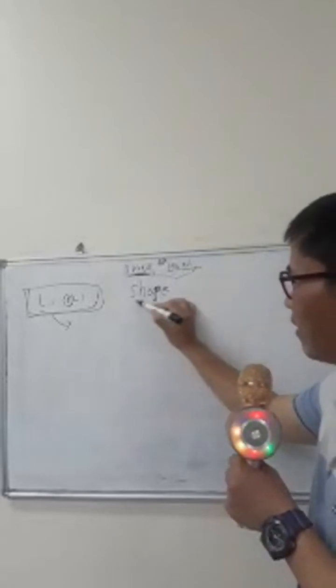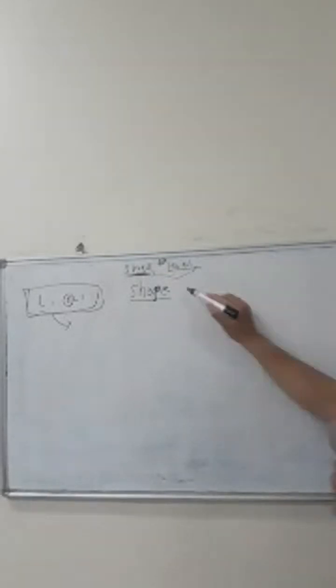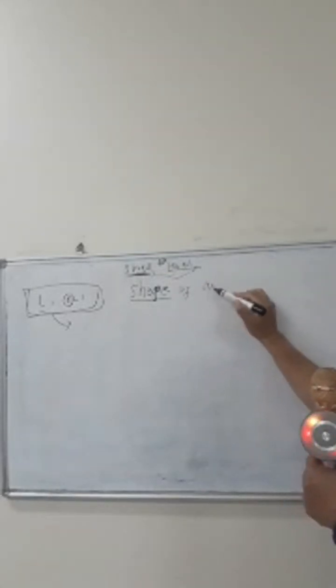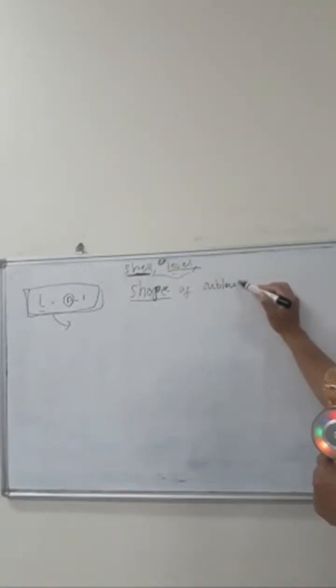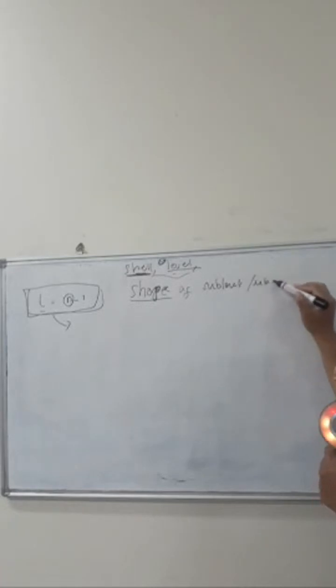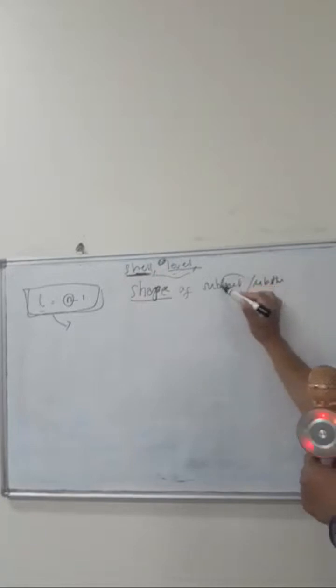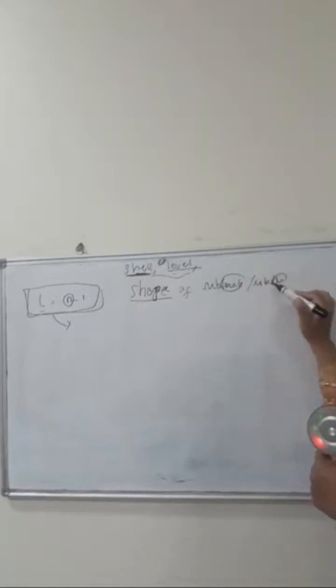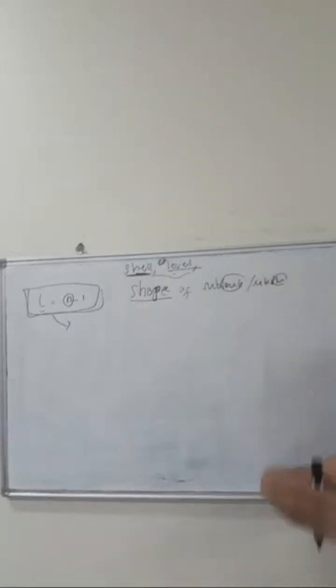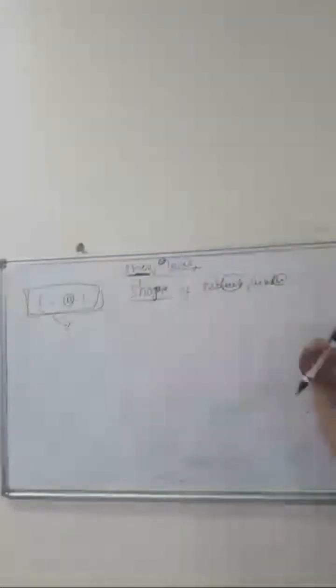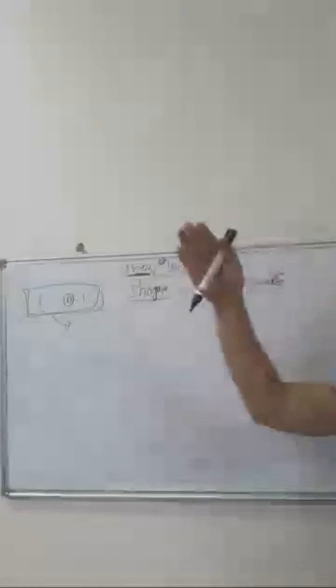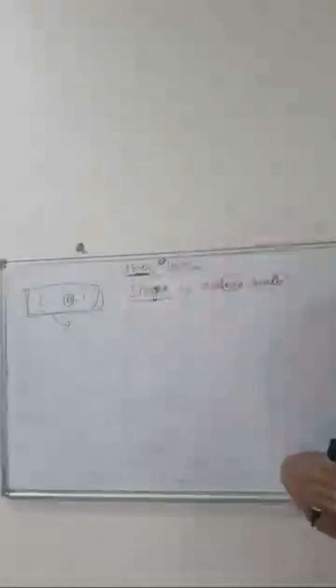The shape of sublevels or subshells. Why subshells and sublevels? Because this is under the level, under the shell. It is the sub of the main level, a component, just like a division and subdivision.